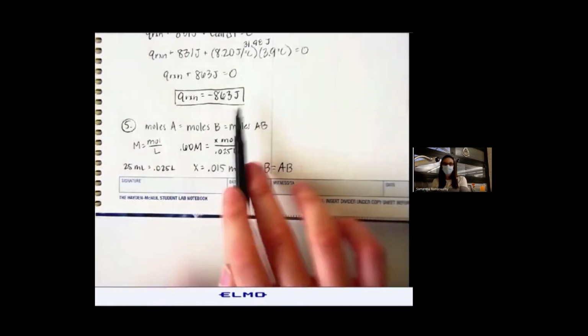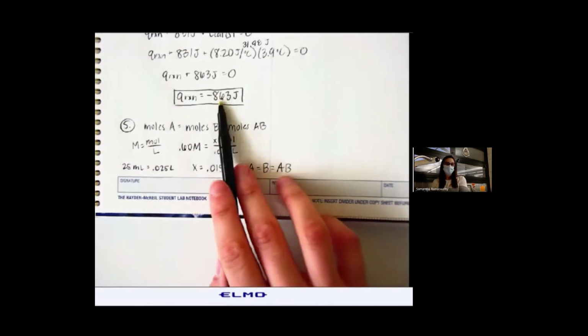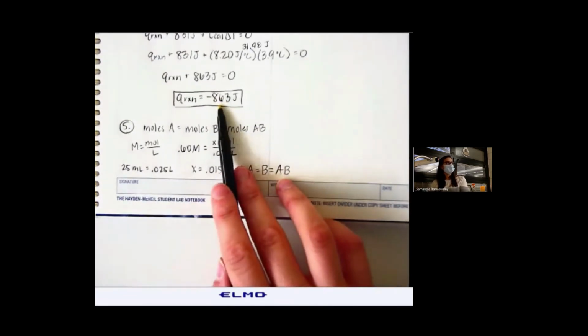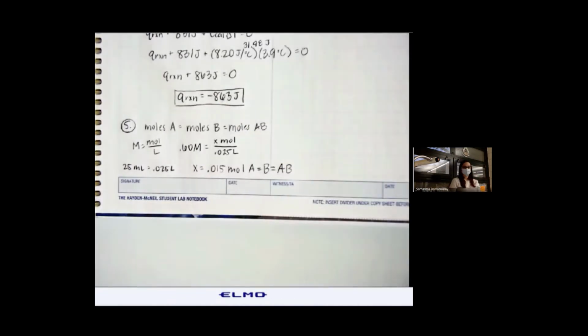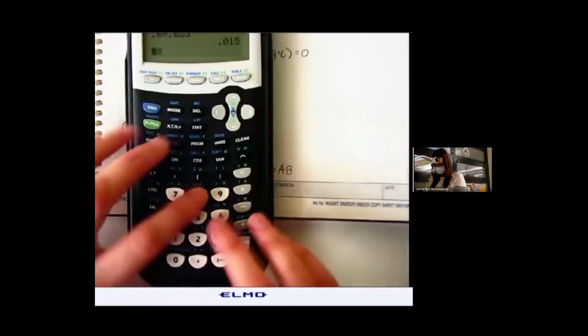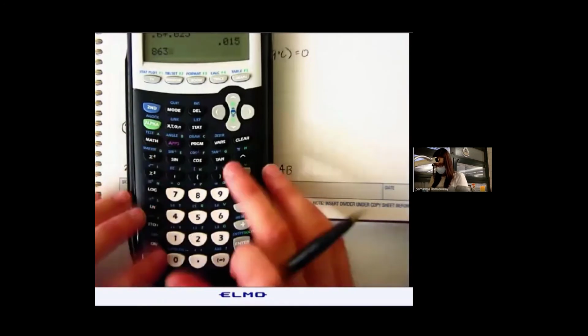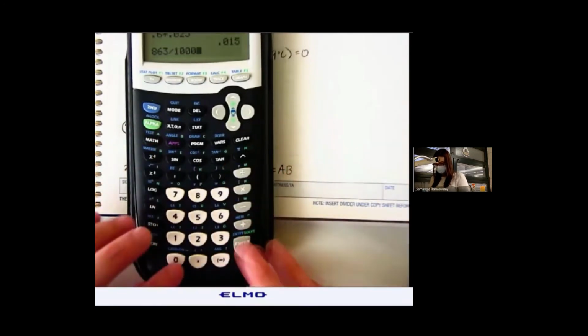So I'm going to take my Q and I'm going to put it in kilojoules first. 863 joules is how many kilojoules? Divided by 1,000. All right, so 863 divided by 1,000 is 0.863.